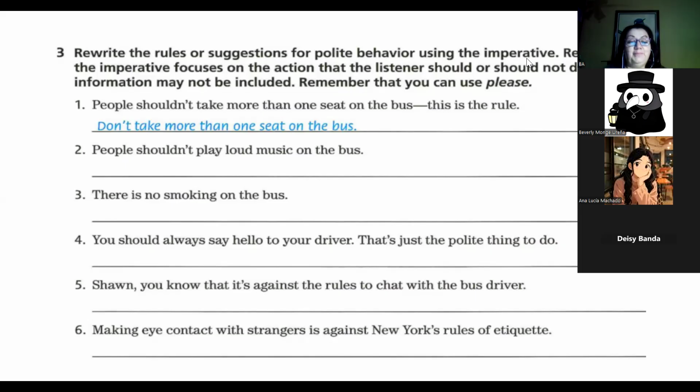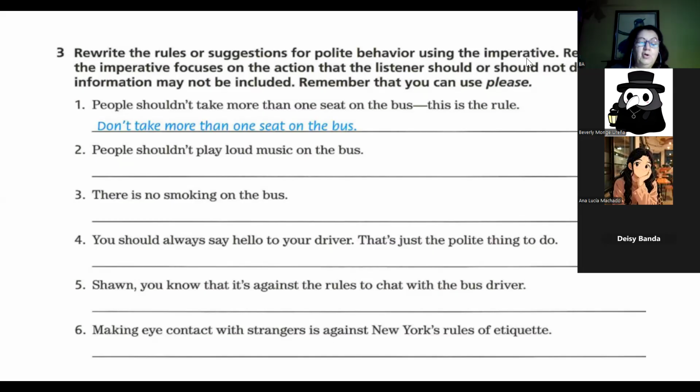Perfect. Thank you. You can include the word always. Sean, you know that it's against the rules to chat with the bus driver.